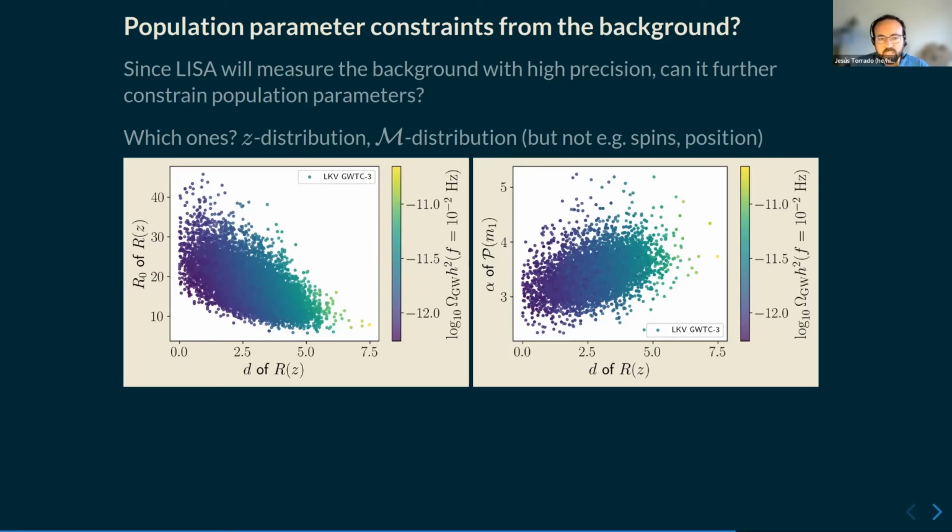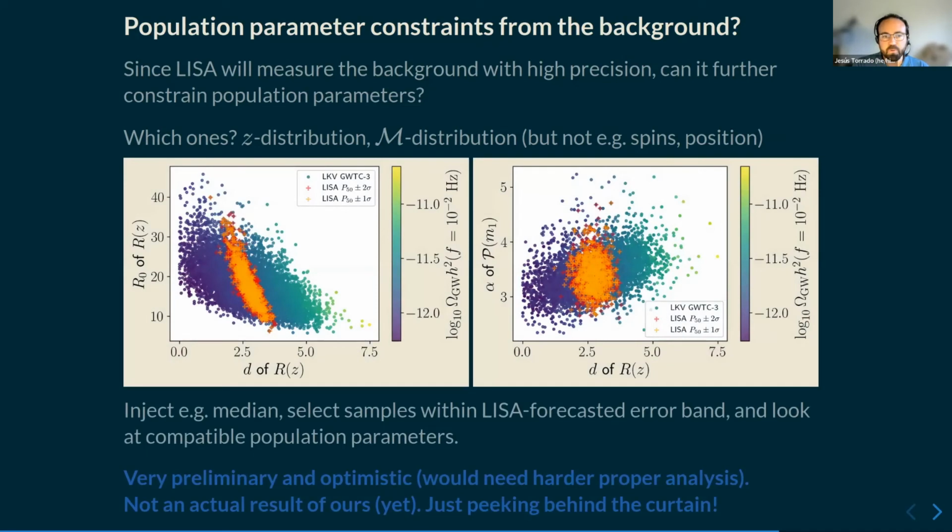So for a test event, if we just select the events in the LIGO-Virgo posterior sample that are compatible with the background, with the median background, for example, we can see that we would narrow the range of allowed parameters in some particular direction. The one that we would constrain the best here is, I should say, kappa and R0.